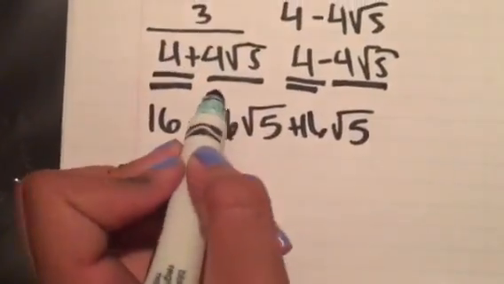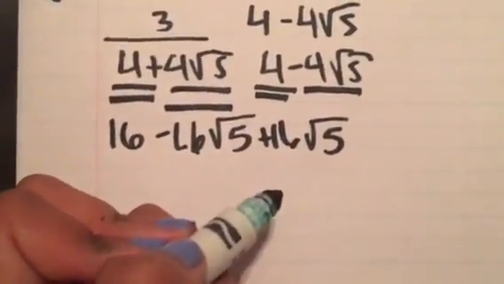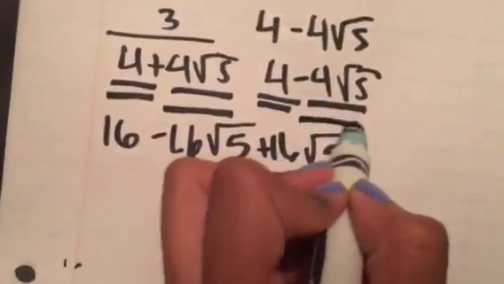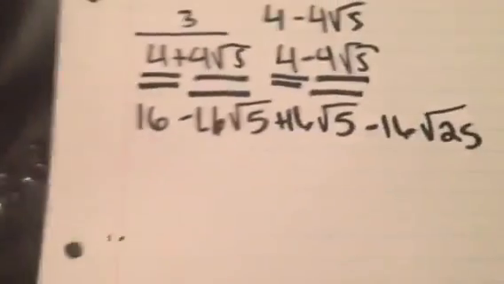And then finally, I'll do positive 4 square root of 5 times negative 4 square root of 5, which is negative 16 square root of 25. And for the denominator, this will be the equation we get. Now we just have to simplify it.